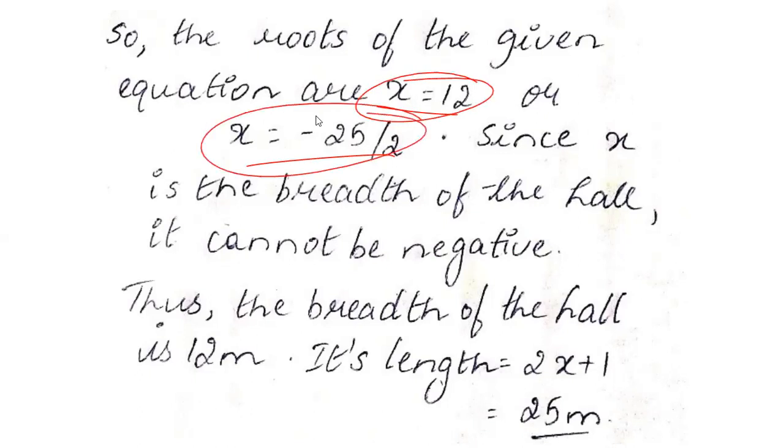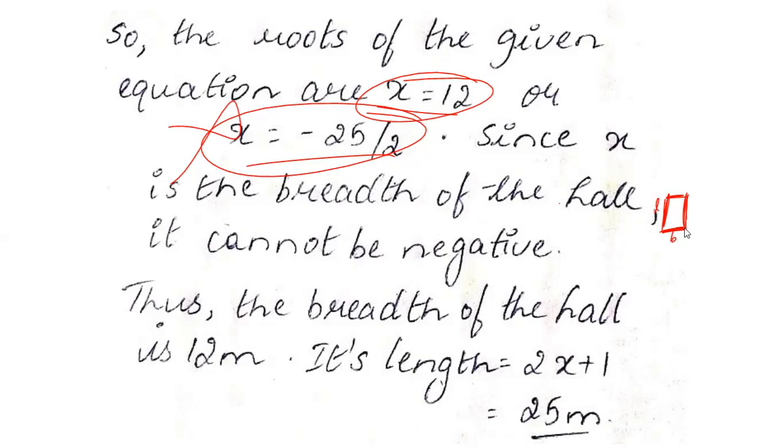Since x is the breadth of the hall, it cannot be negative. So this is ignored. Why can x not be negative? Because, taking this as a whole, this is the length, this is the breadth.